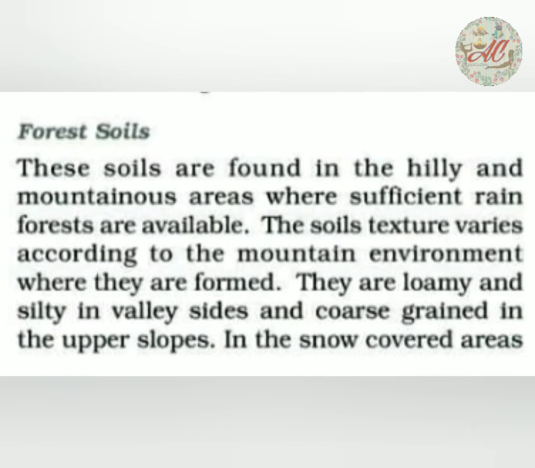The soils found in the lower parts of the valleys, particularly on the river terraces and alluvial fans, are fertile. So, forest soil is mainly found in the hilly and mountainous areas which are covered with dense forest.